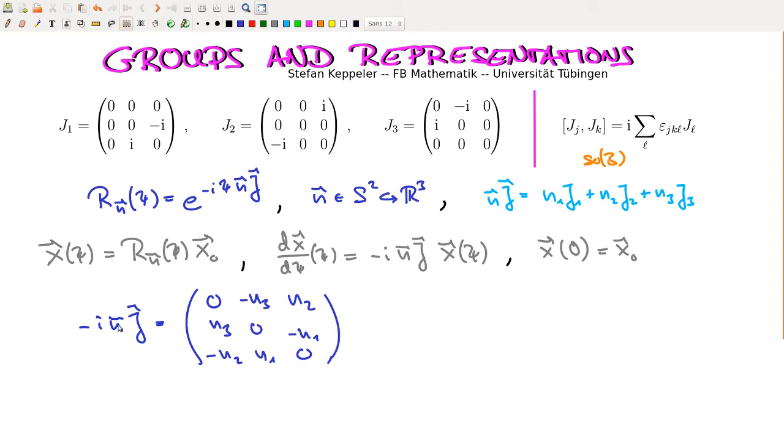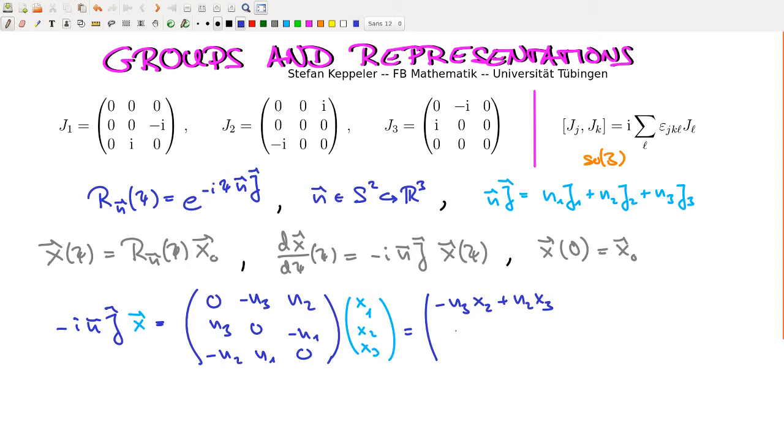Now if we take this matrix and multiply it with some vector x, let's write this x as (x1, x2, x3). Then what do we get? Here we have minus n3 x2 plus n2 x3. Here we have n3 x1 minus n1 x3, and here we have minus n2 x1 plus n1 x2.